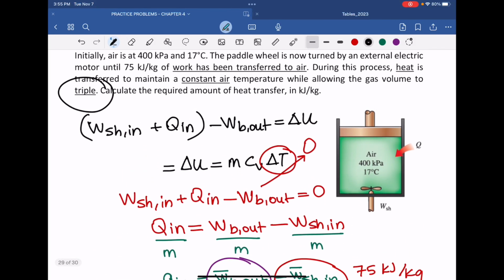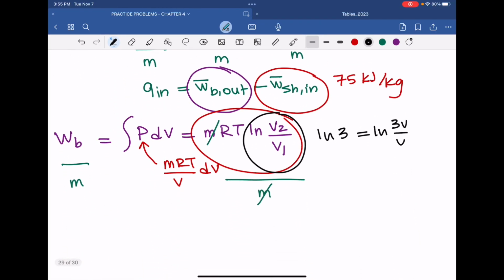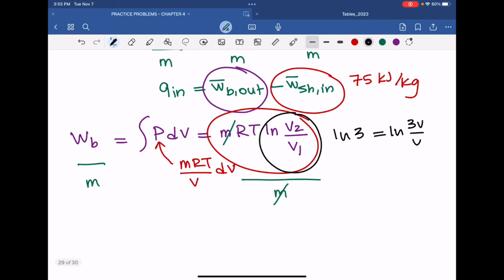They are not giving that to me, and I don't have to calculate it in any way. So all I have to do is calculate the boundary work per unit mass that is getting out, which is RT ln 3.